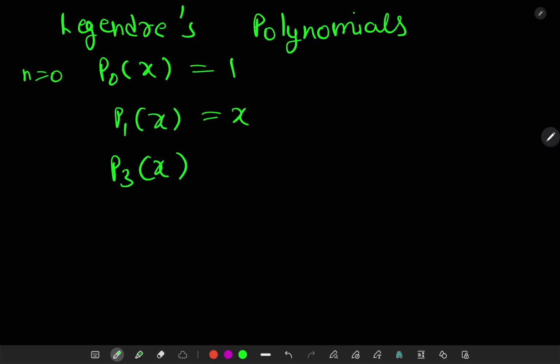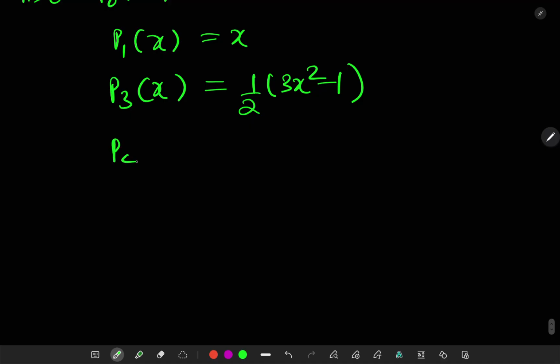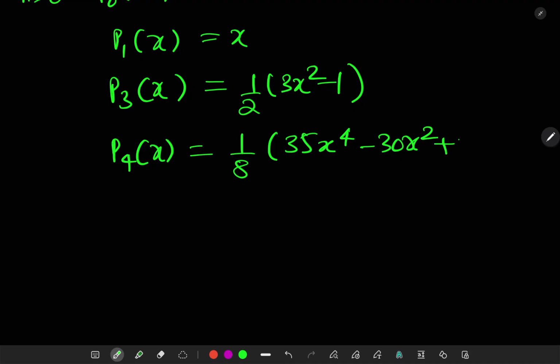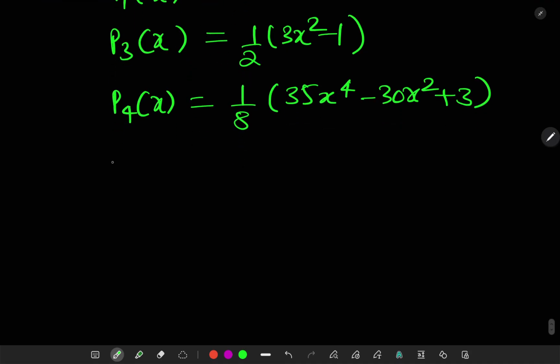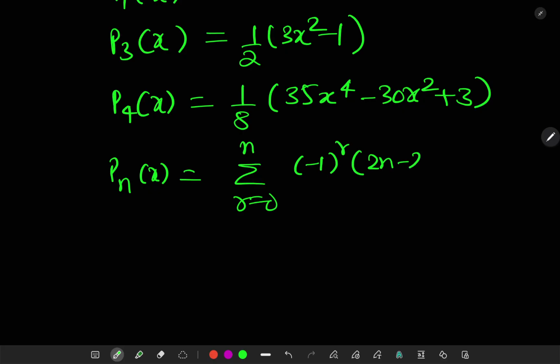Now putting n equal to 2 we get P2 x equal to 1 by 2 (3x square minus 1), and P4 x is equal to 1 by 8 (35x raised to power 4 minus 30x square plus 3), and for Pn x we get this formula.